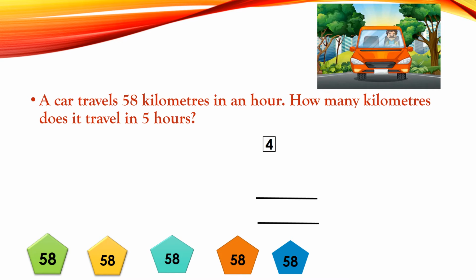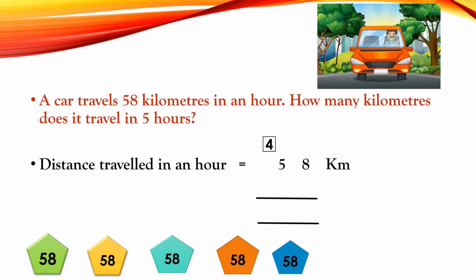Now let's see the first statement. Since kilometers represent distance, the first statement would be distance travelled in an hour, which is 58 kilometers, represented as capital K and small m. Next, what information do we have? 5 hours. So what is hour? It is the time. So number of hours is equal to 5.